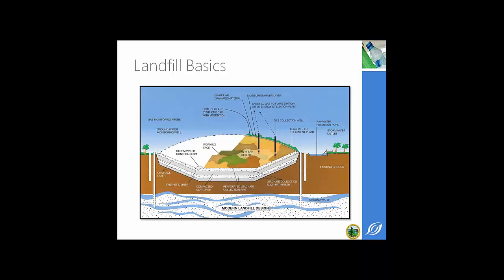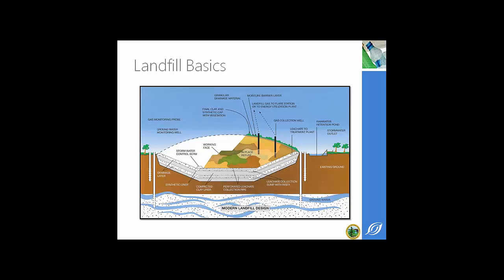But up until that time, there were various different things that we used, such as open dumps and fire pits. The problems that you have are fires, odors, vermin, things like that. Our more recent modern-day legislation came into place in the 1980s, where the Resource Conservation and Recovery Act was passed.